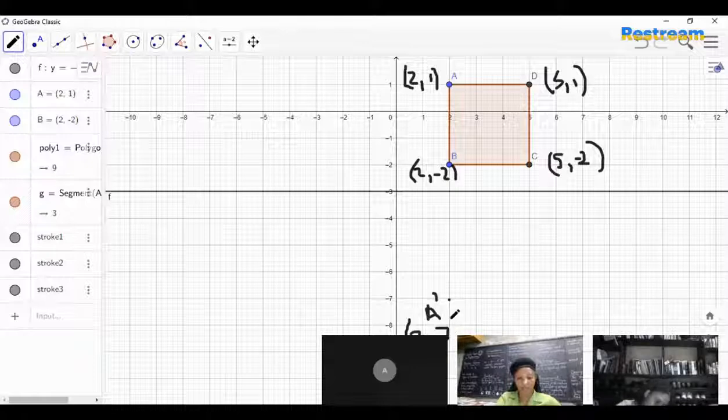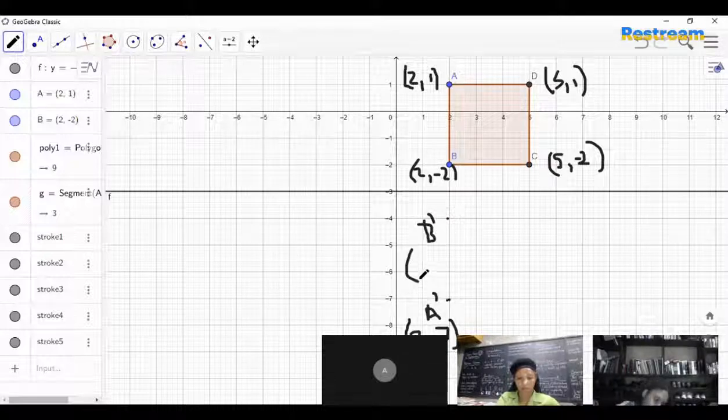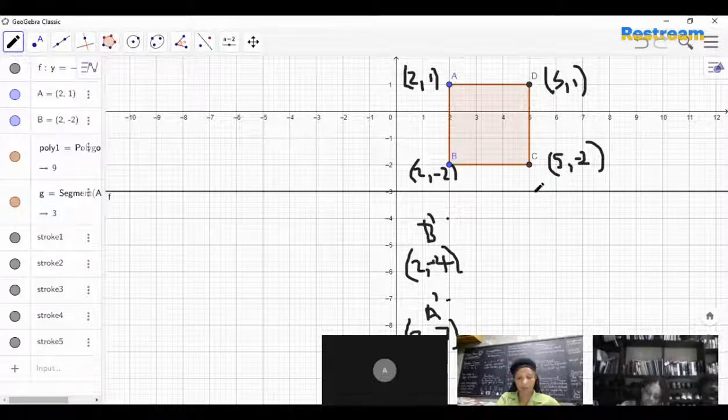B is now 1. Miss, for B prime would be 2, negative 4. So that's 2, negative 4. Okay. So 1, 2, 3, 4.